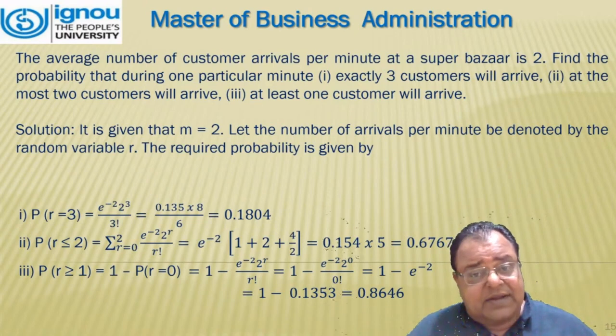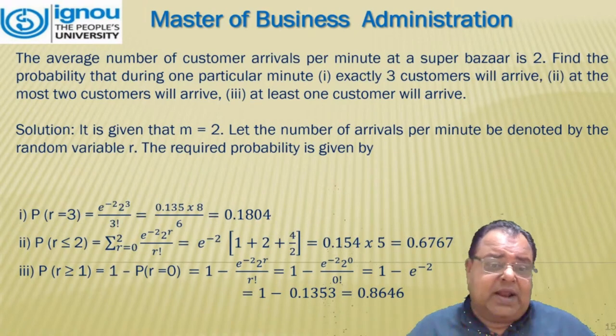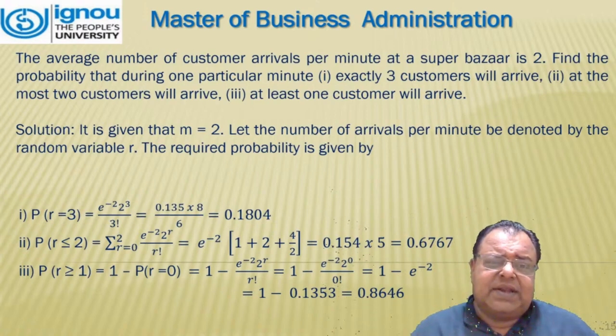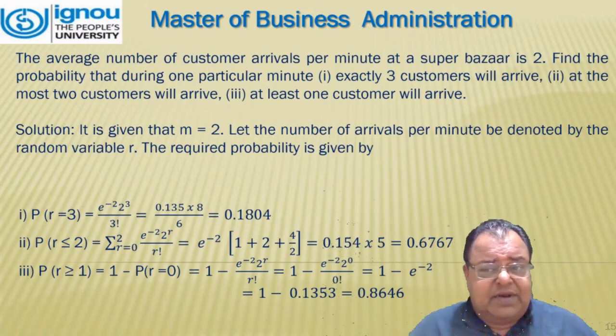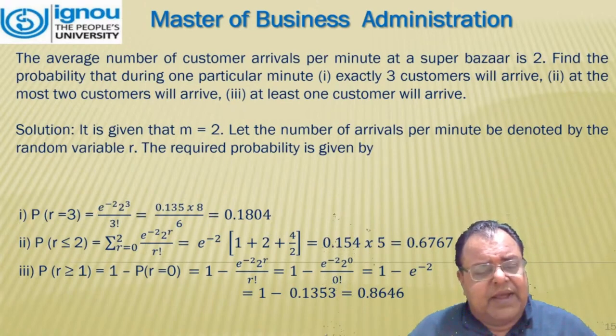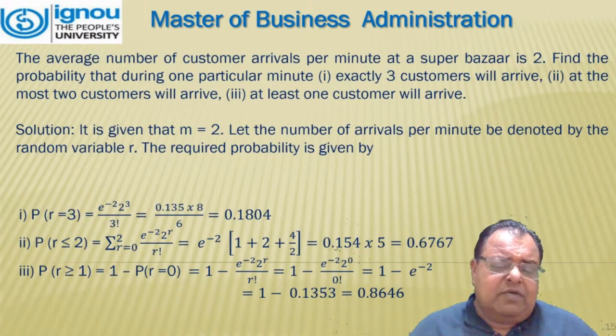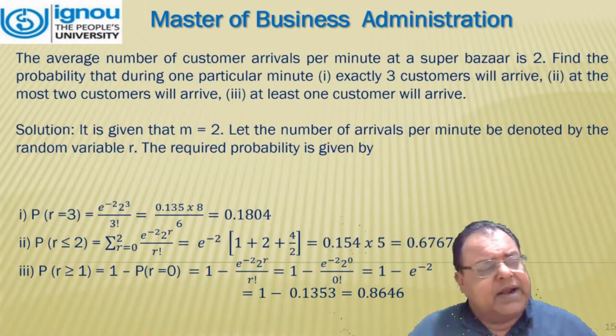And the third part is at least 1 customer will arrive. Here, the average number of customer arrivals is given to us, so we can take that as m or lambda. Let the number of arrivals per minute be denoted by a random variable r.